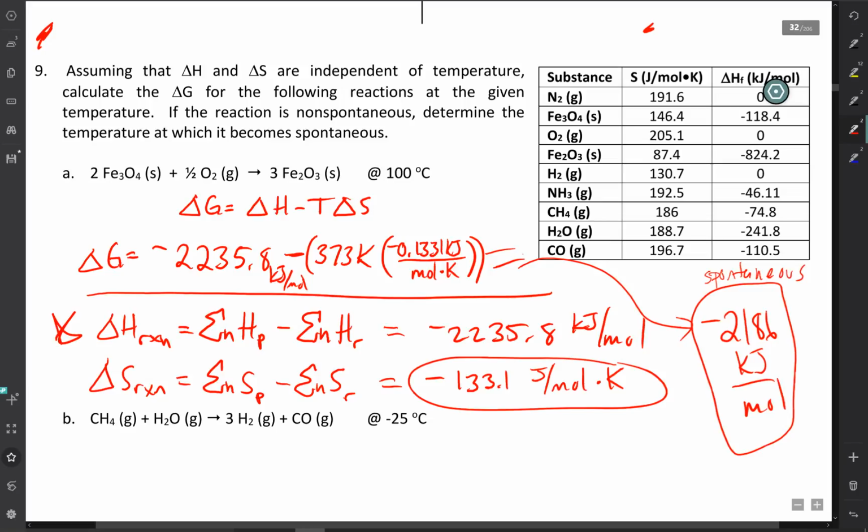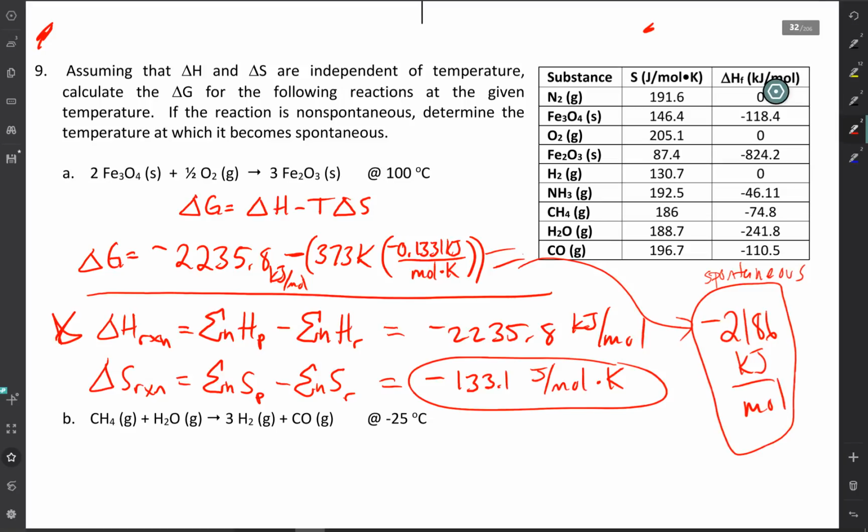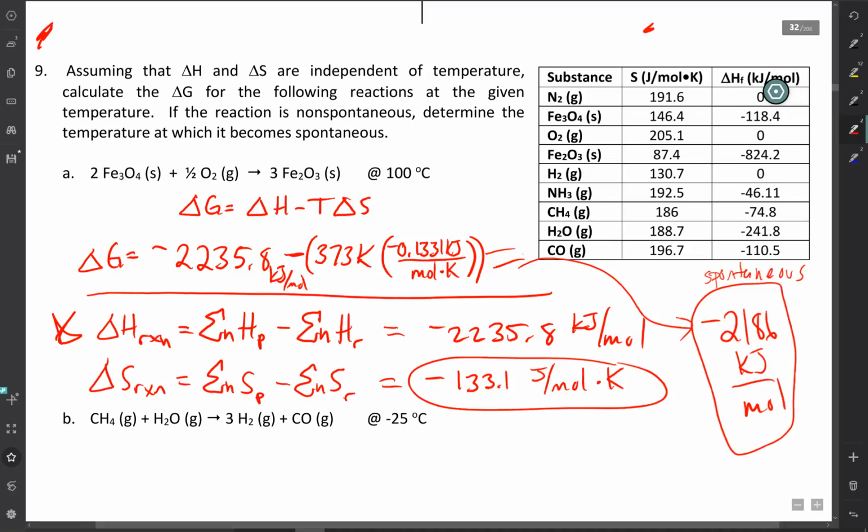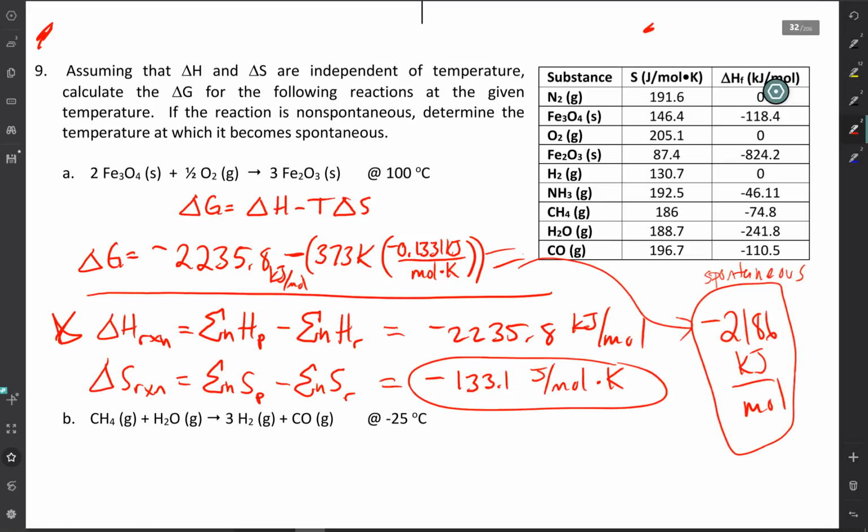There we go. So this is a lot of work, especially if you're just given S and delta H sub F values. You have to go through and calculate the change in enthalpy and the change in entropy of the reaction. Again, not real difficult to do, but definitely time consuming. It's also possible to calculate the delta G of a reaction using delta G sub F values.